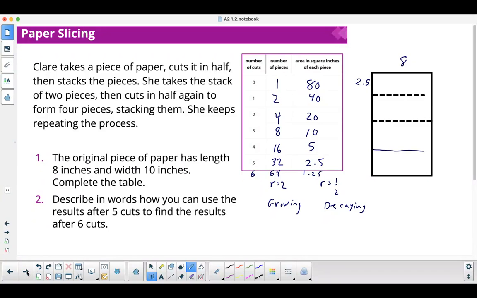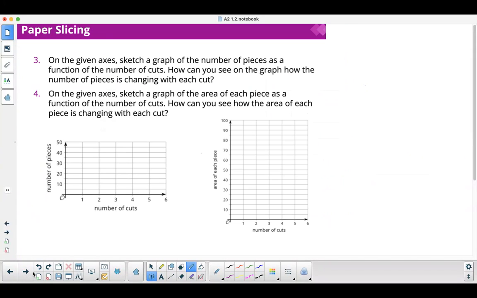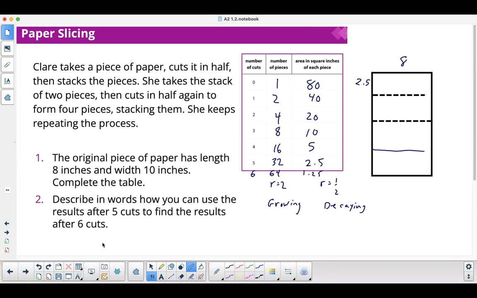All right. So on the given axis, sketch a graph of the number of pieces as a function of number of cuts. All right, so we're basically going to graph both columns. Okay, so I'm going to go back to my table here, and I'm gonna copy that table. Let's do this.